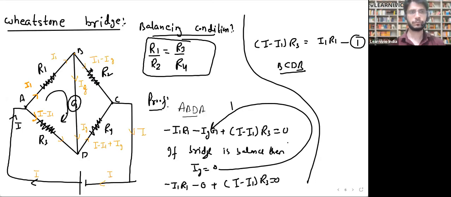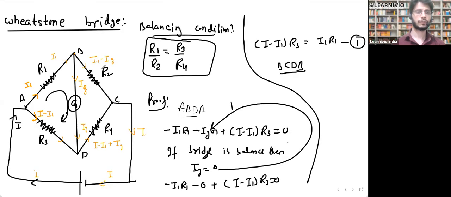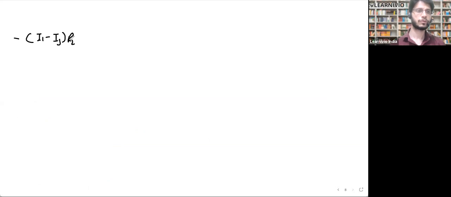Yes, sir. So it will be minus of I1 minus IG multiplied by R2, right? Yes, sir. Then you're going from C to D. You're going in a direction opposite to that of the current. So it will be minus I minus I1 plus IG into R4.